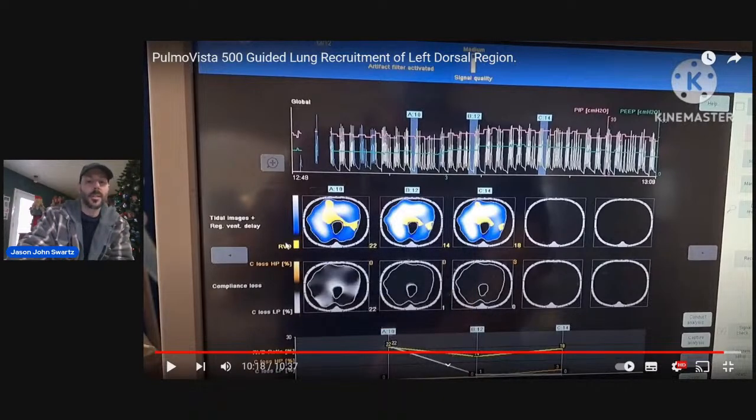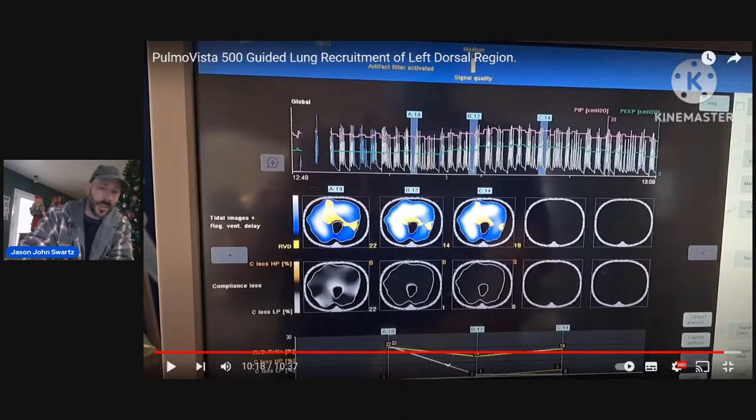So now I compared 10, 12, and 14. When you compare 10, 12, 14, it's saying, yeah, compared to 12 and 14, there's actually less compliance. So white is not good. And over here, when I went to 12, it went downwards, meaning there was less loss of compliance.